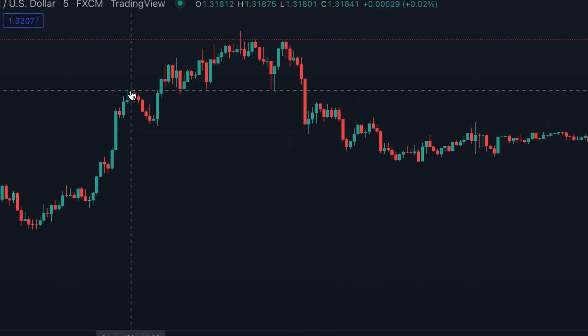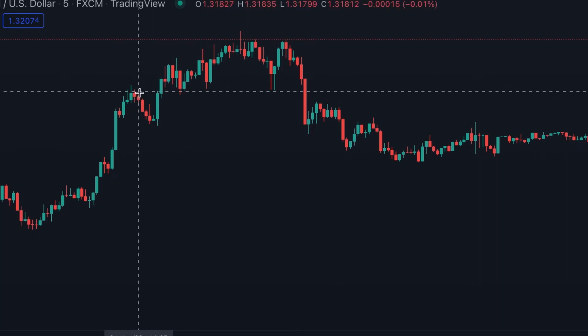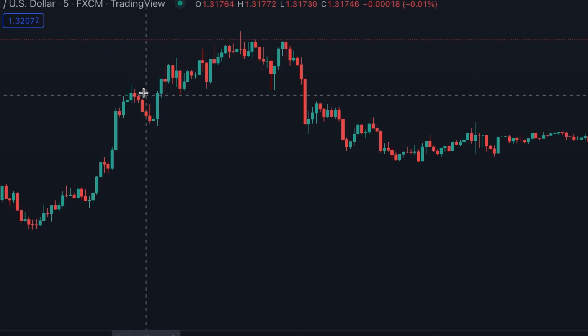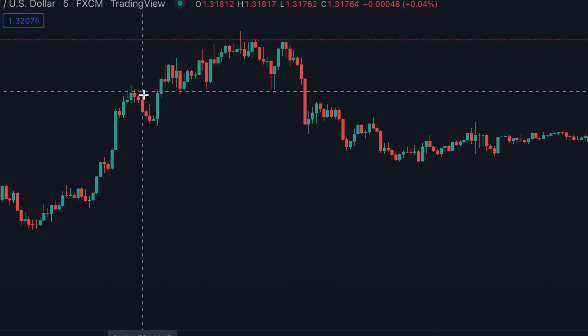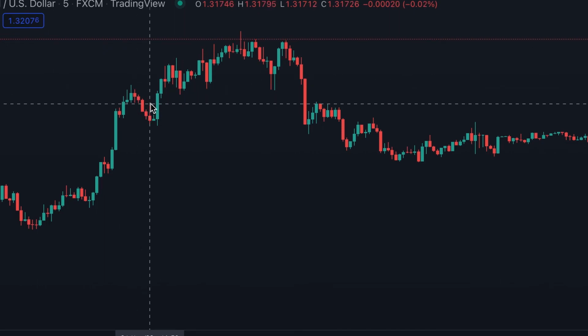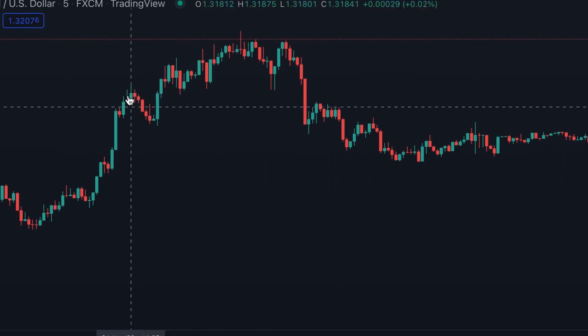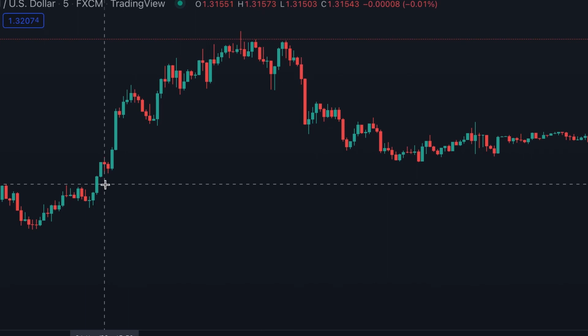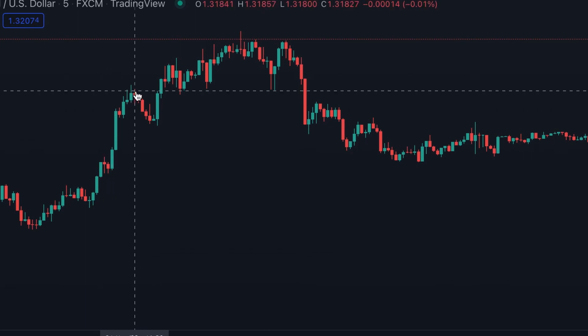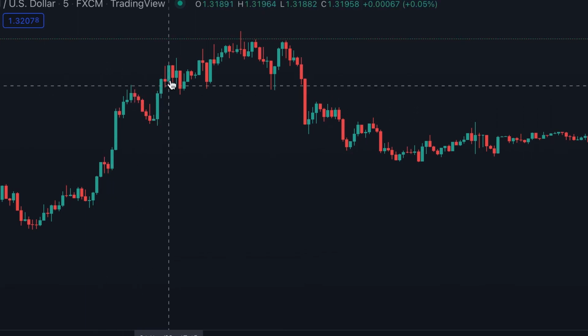Notice how the size of the candles changes and the price starts moving down in this phase, which is the corrective phase. We have mentioned how the corrective phase has smaller candlesticks compared to the impulsive phase. So we have the impulsive phase, the corrective phase, the impulsive phase.